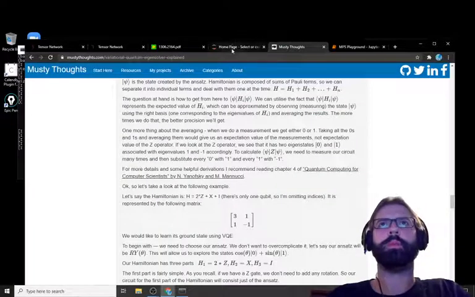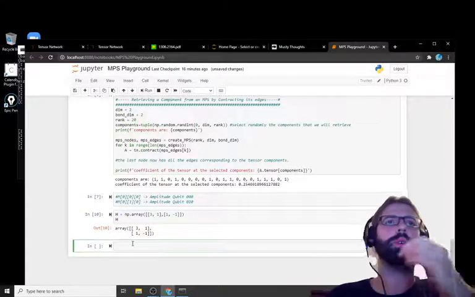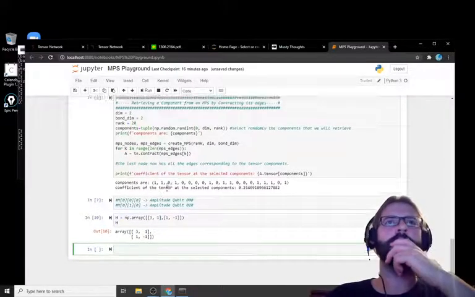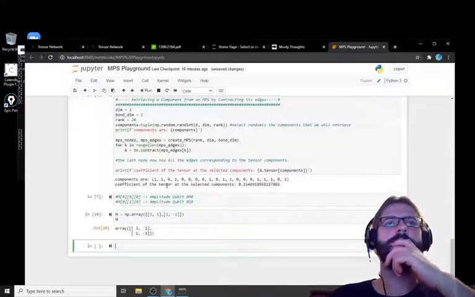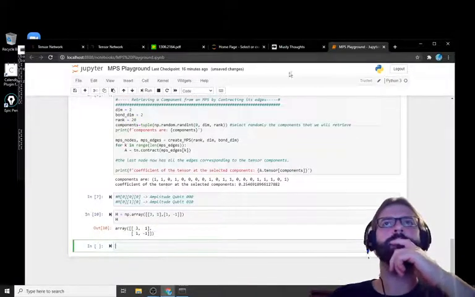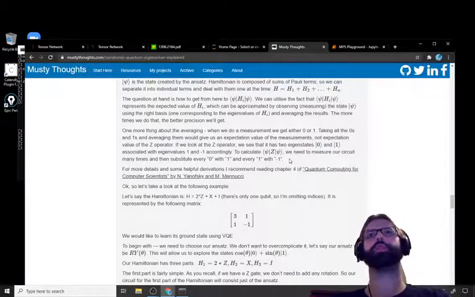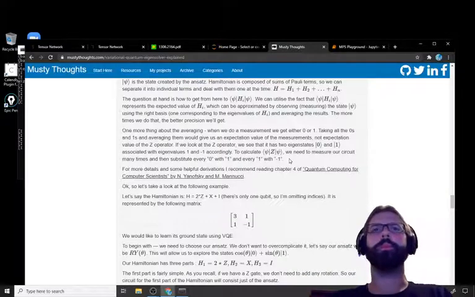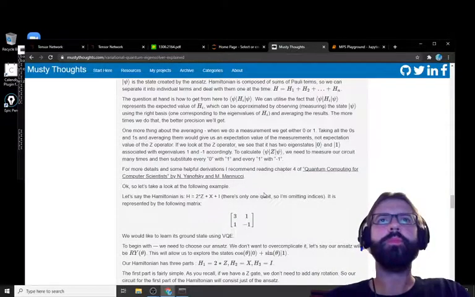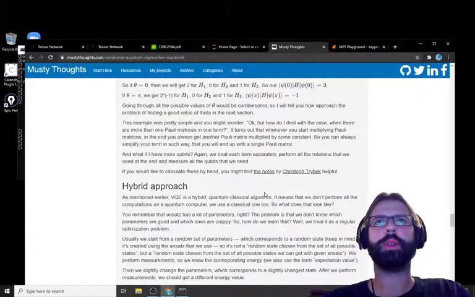Now it's just one qubit, right? But if it's just one qubit, that should be actually fairly simple.